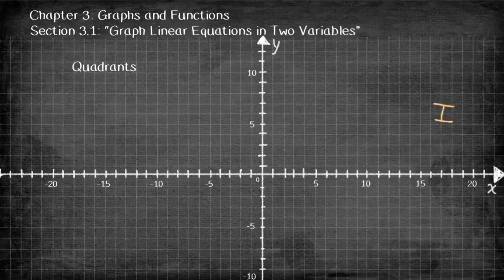And then what we do is count in the counterclockwise direction. So if you're having trouble remembering what that means, think about which way clocks go. They go that way. So counterclockwise would be the opposite direction.